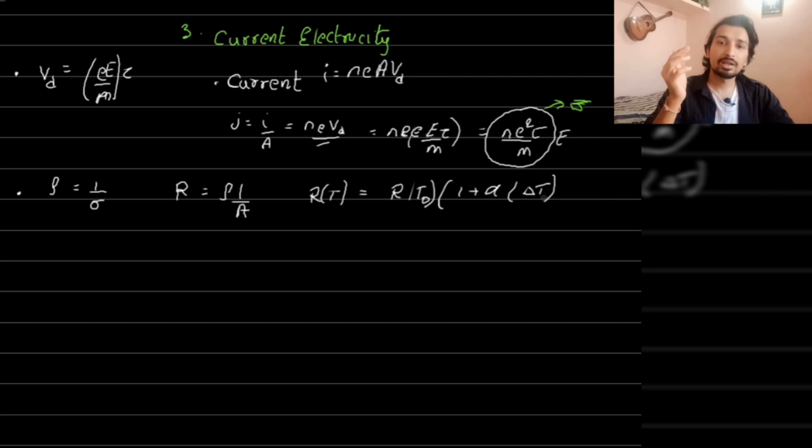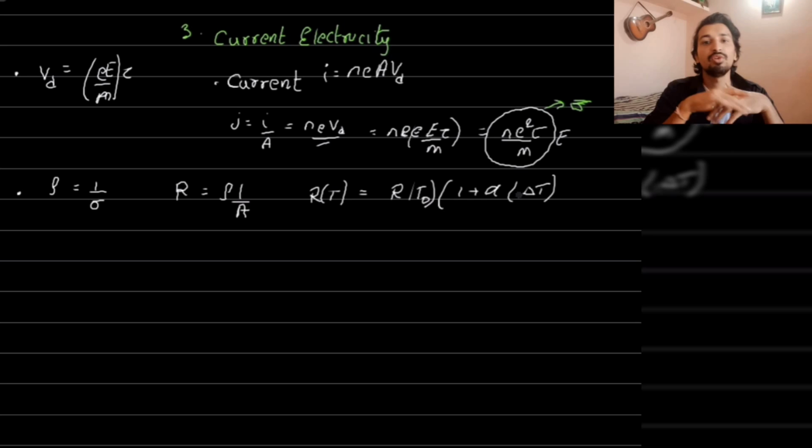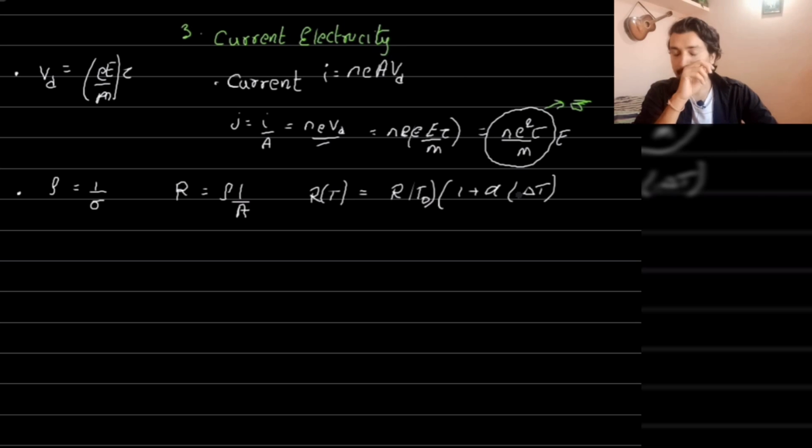But in case of conductors, there are already free electrons to carry current. So when you heat it, the atoms start to vibrate, electrons cannot flow easily, so resistance increases. In case of semiconductors and insulators, resistance decreases when you heat it, but in case of conductors it's the other way around, resistance increases.